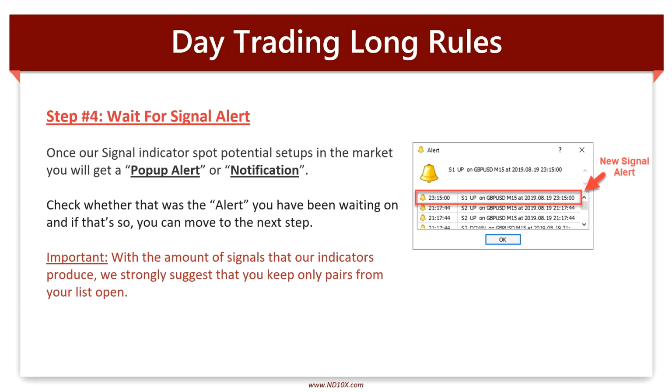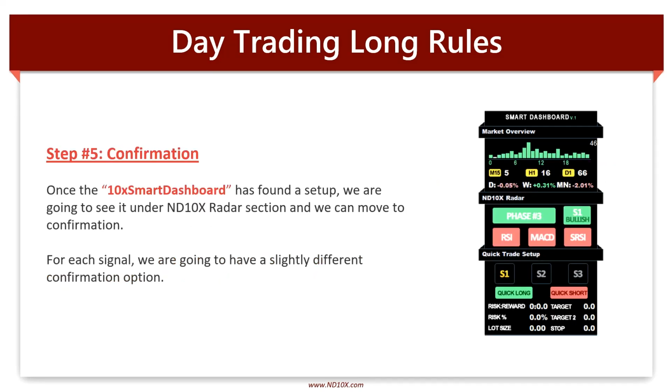Once our signal indicator spots potential setups in the market, you will get a pop-up alert or notification. Check whether that was the alert you have been waiting on, and if so, you can move to the next step. Important. With the amount of signals that our indicators produce, we strongly suggest that you keep only pairs from your list open.